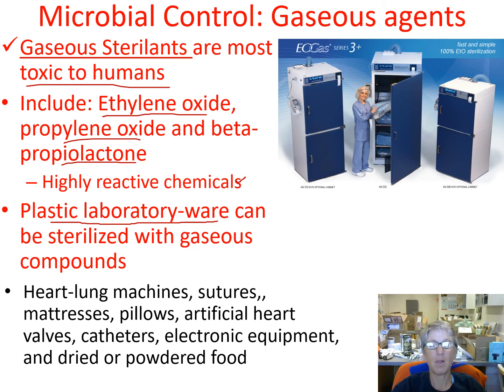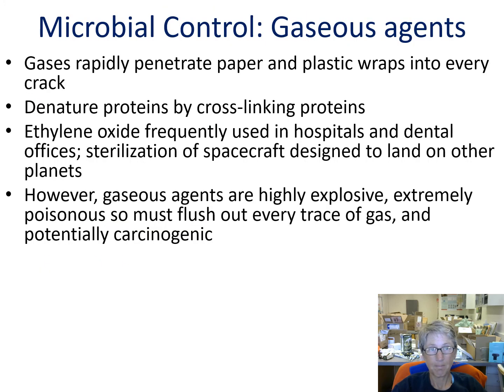And you can't put the plastic labware into an autoclave. You can also put in heart-lung machines, sutures, mattresses, pillows, artificial heart valves, etc., and sterilize them all in these machines with gases. But make sure you know how to use the machine. Here's some facts on gaseous agents.